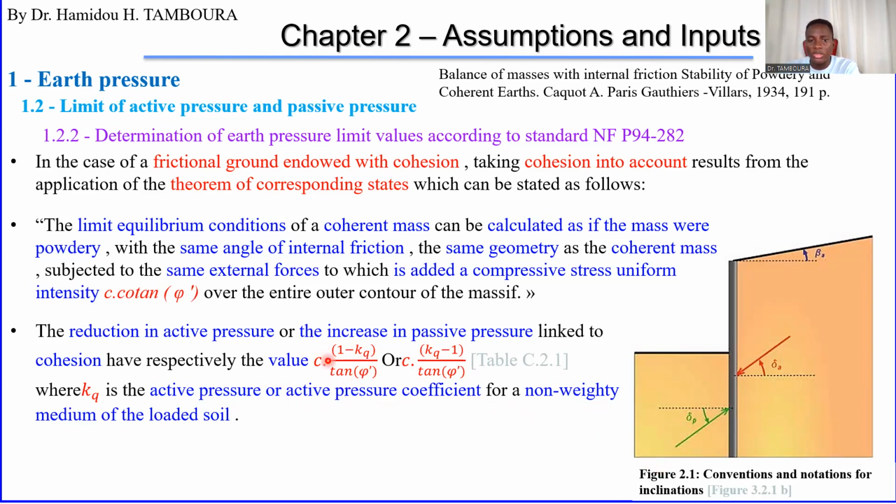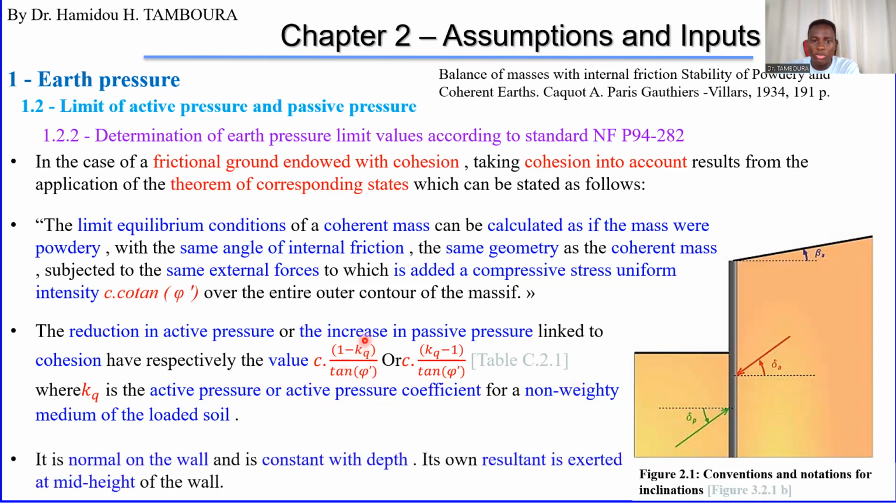This is how we get the contribution of the cohesion. This contribution is normal to the wall, so it's going in this direction. Okay? And it is constant with depth.